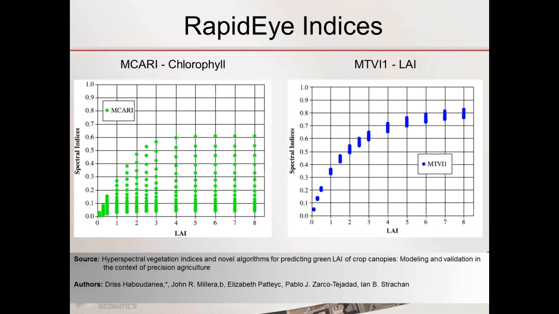Once we've performed our atmospheric correction, we can now compute different indices for the different types of output that we're looking for. The two that I've chosen, the first is basically the MCARI method. It's an index that's specifically tuned for measuring chlorophyll levels independently of the amount of leaf area index.